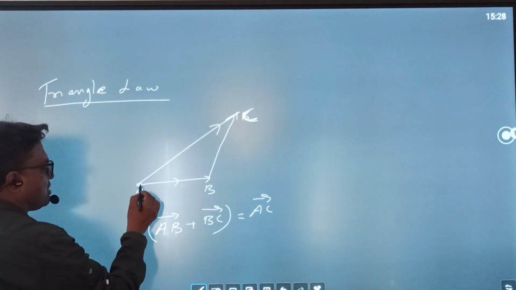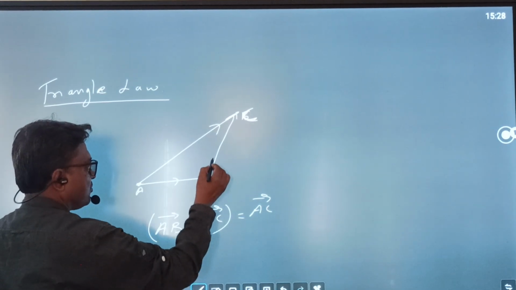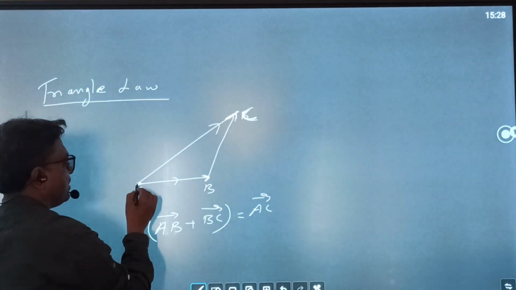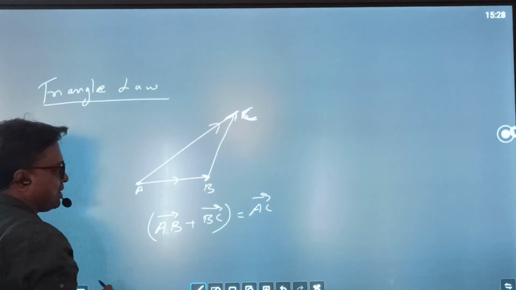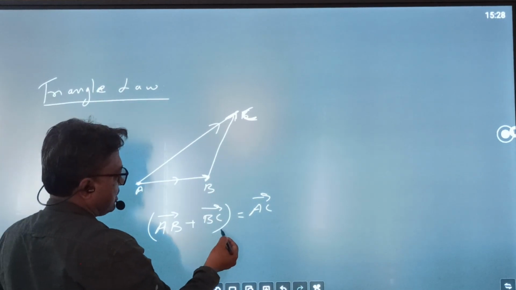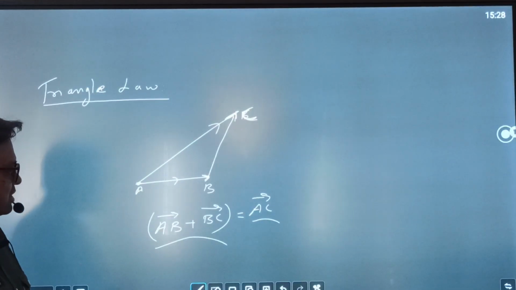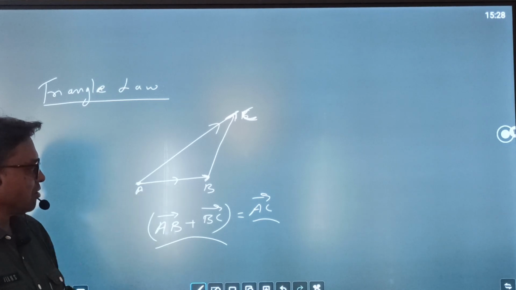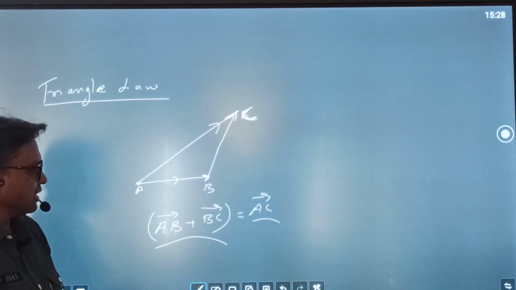See, if we start from point A, we go from A to B, then in continuation we go from B to C. Now we have to lift the pen and again put it on A. So this is in reverse order from A to C. So vector AB plus vector BC is equal to vector AC. Statement wise, we can say that if two vectors are represented by two adjacent sides of a triangle in order, then their vector sum is given by the third side in reverse order.